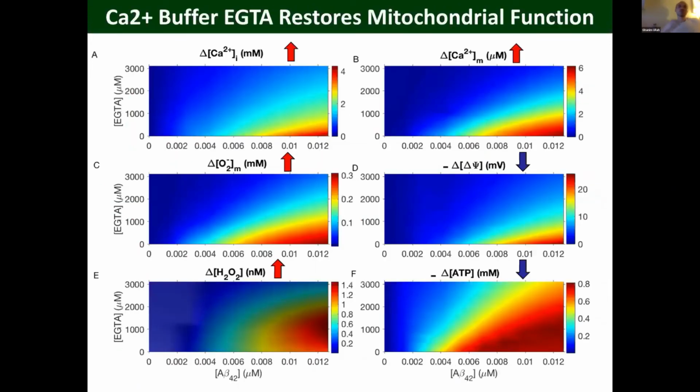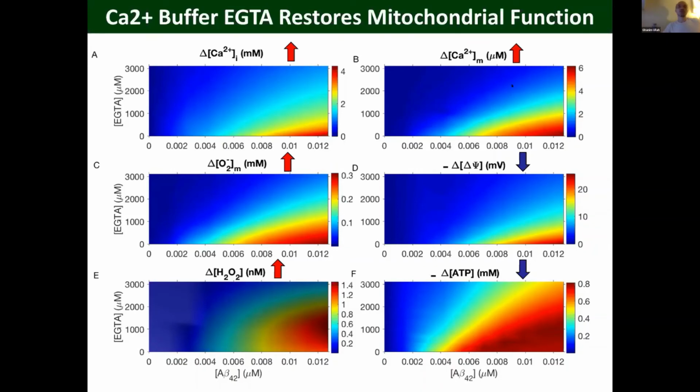So we did some simulations where we look at the different variables as a function of amyloid beta concentration on the x-axis, and then a buffer, EGTA, which would buffer calcium in the cytoplasm. When you increase the amyloid beta, the red color shows that the calcium in the cytoplasm increases, but then you start adding EGTA, and by the time you add 3 millimolar EGTA, the calcium is completely buffered, so you don't see as much increase.